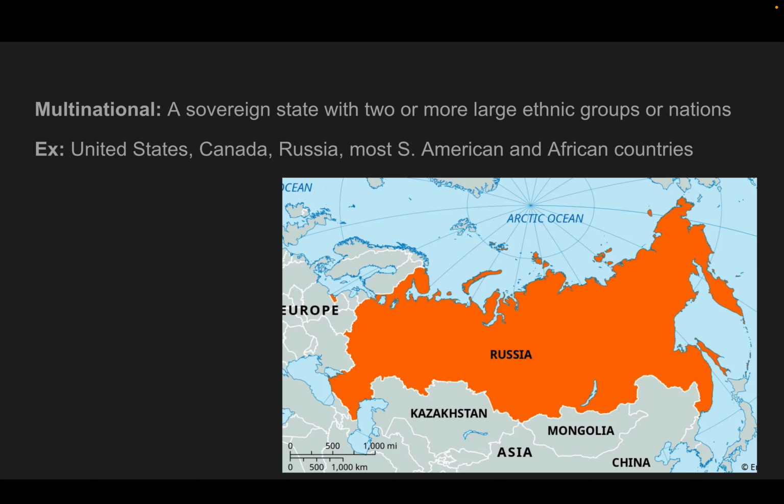Okay? There are also multinationals, and that is us. It's a sovereign state with two or more large ethnic groups or nations. So states that are very diverse. The US, Canada, Russia, most of South America, and most of Africa except for one country are multinationals.